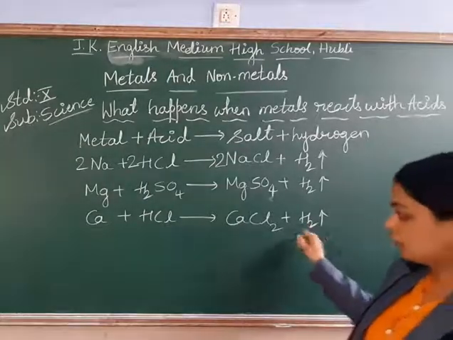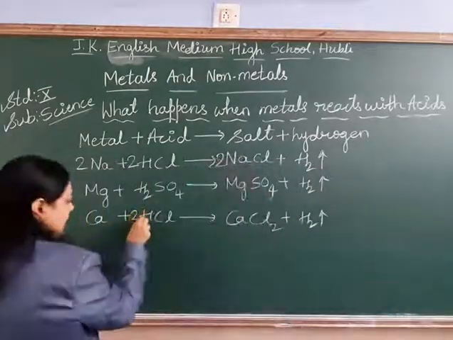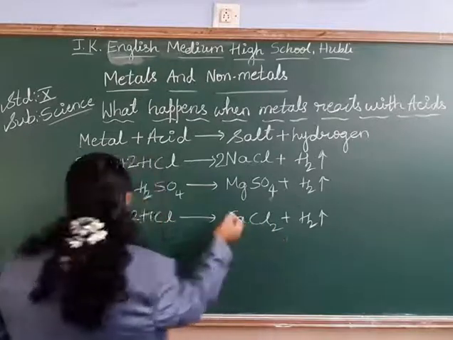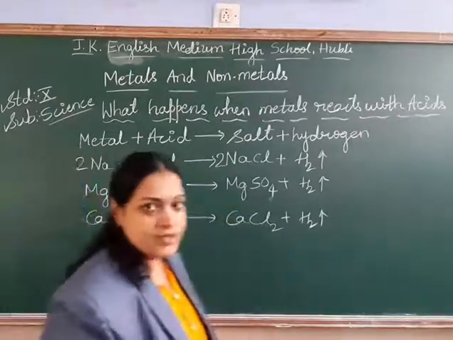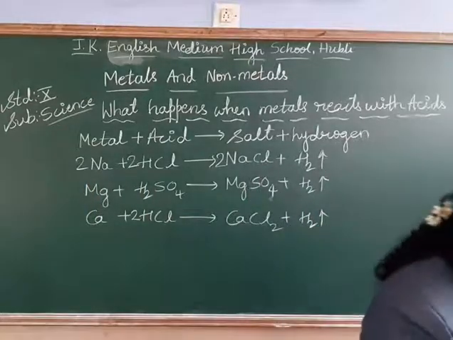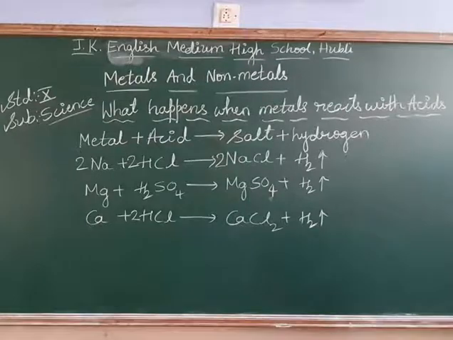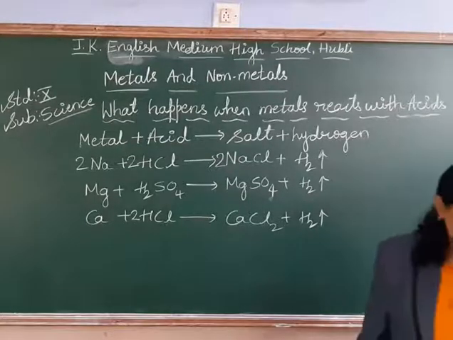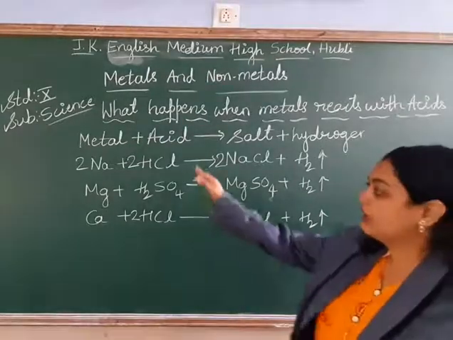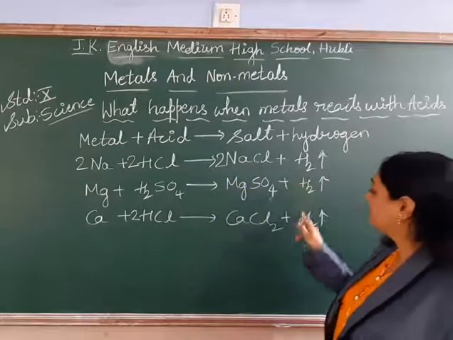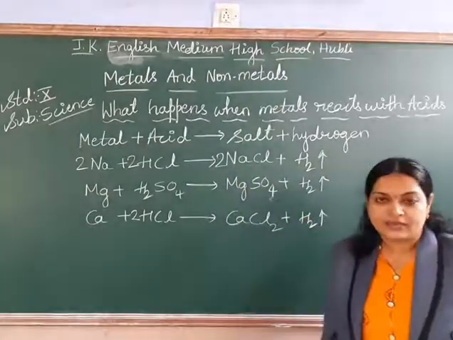Now again hydrogen 2, so let me multiply HCl by 2: chlorine 2, chlorine 2, calcium 1, calcium 1. The equation is balanced. Take down the equations, students. So these metals react with the acids to produce the respective salts with the liberation of hydrogen gas.